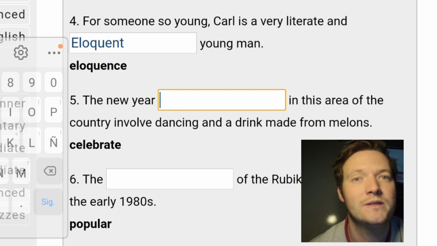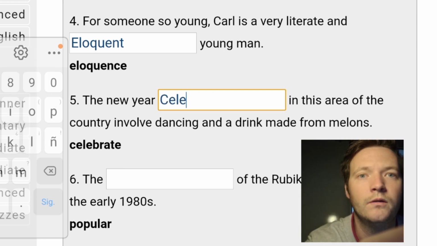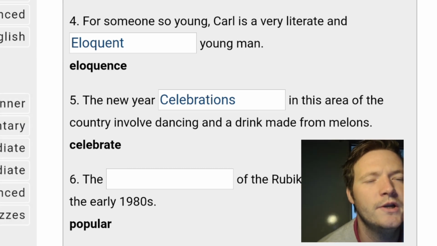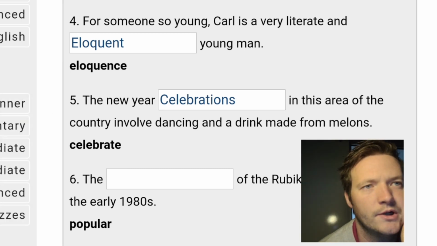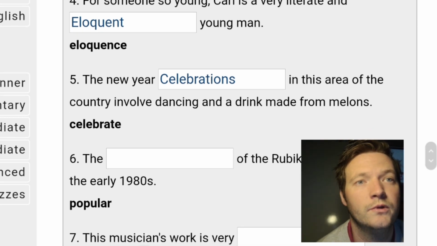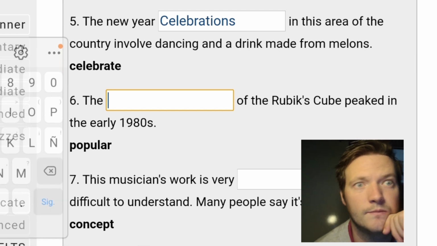The New Year celebrations. It would be absolutely wrong if you only wrote celebration. They wouldn't give you the mark. You have to write celebrations there.